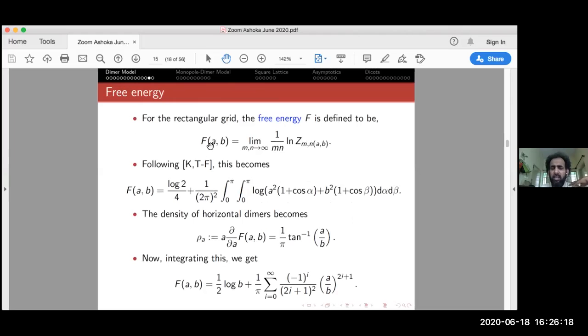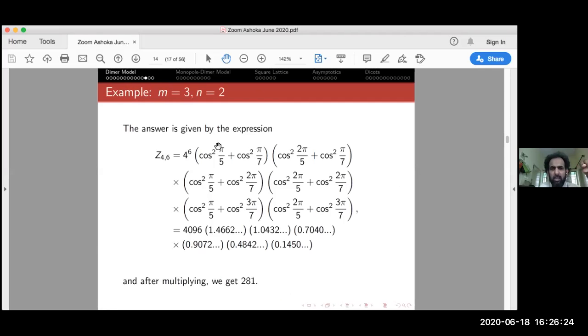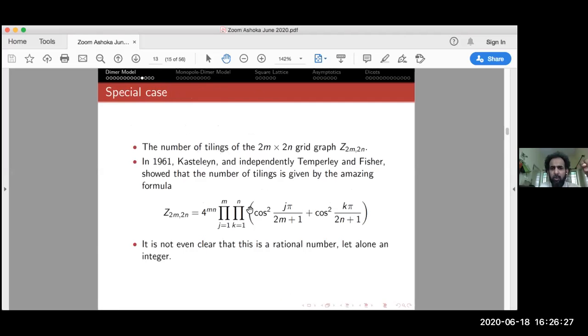I should say that there's a variant of this formula where if you give horizontal edges weight A and vertical edges weight B, then you'll get A squared cos squared and B squared cos squared. That's the only thing that will change. And it will still be a polynomial in A and B with integer coefficients.